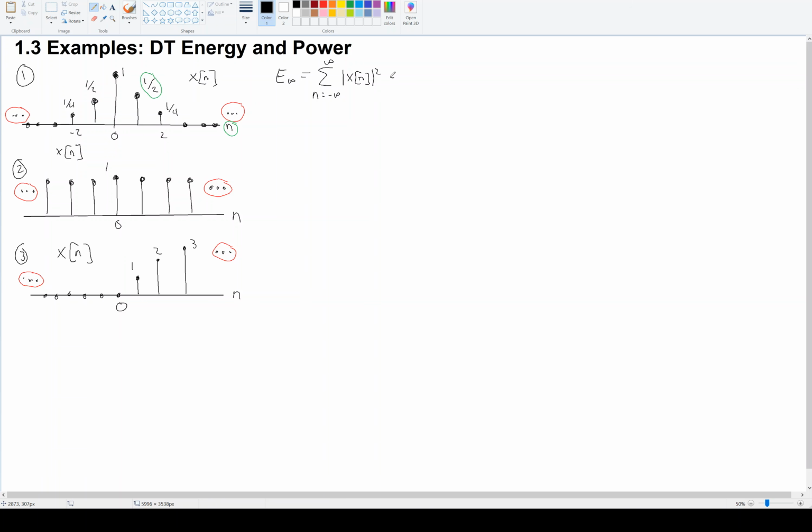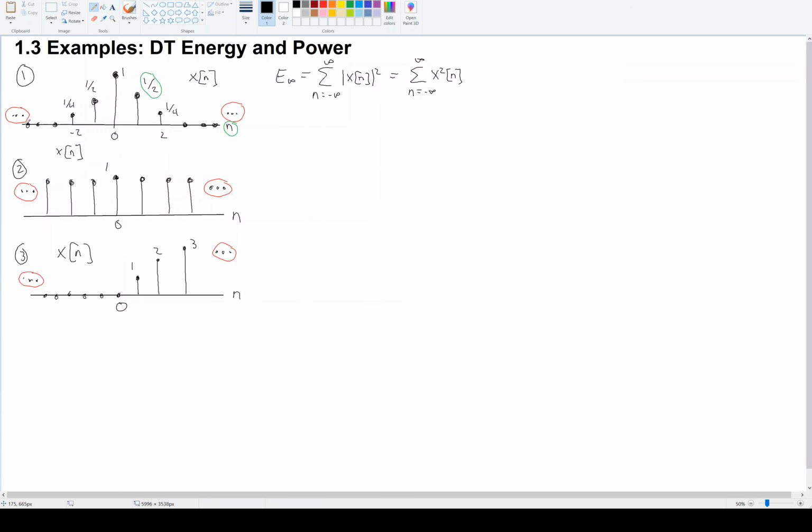So what I can do right away then, because it's a purely real signal, is drop the absolute value and write it like this. Now, my signal is 0 to the left of minus 2, so squaring it contributes nothing to the sum.